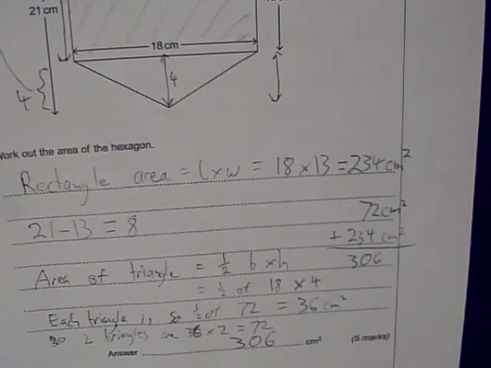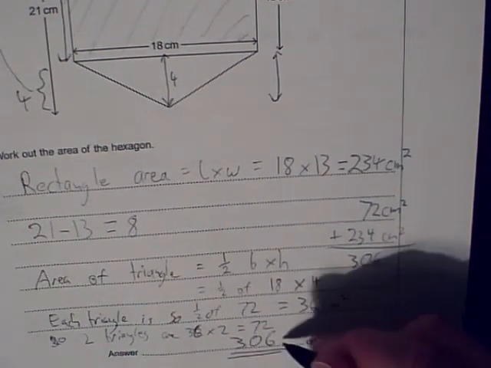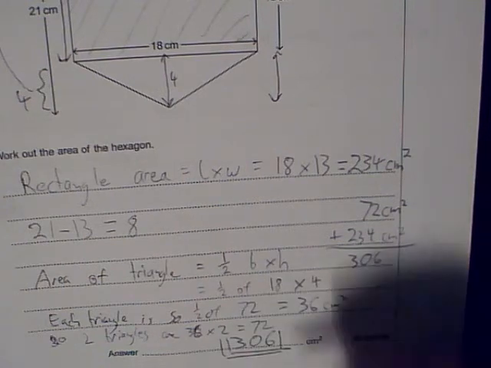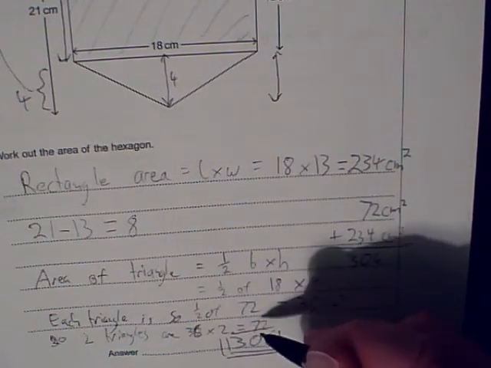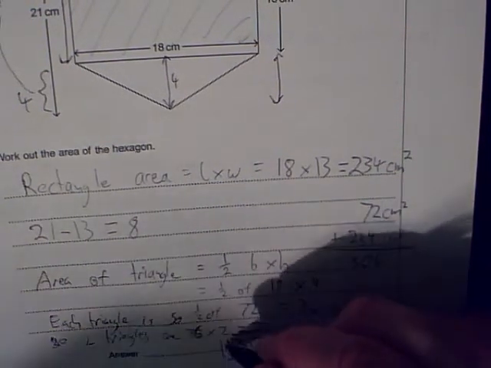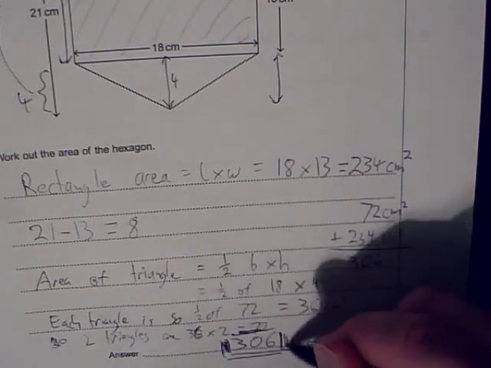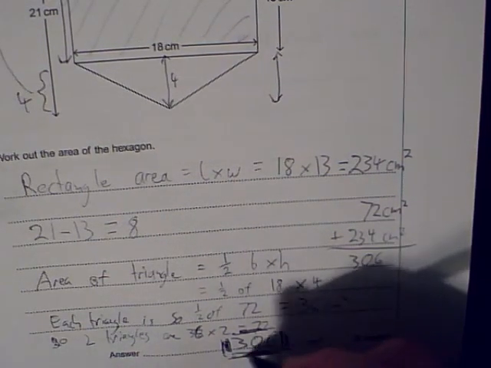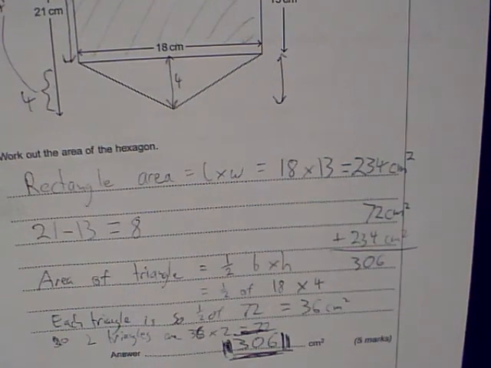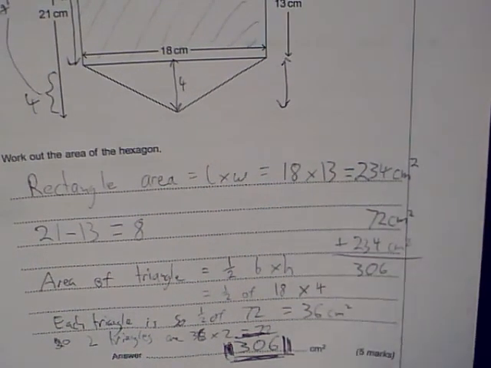I'm just going to underline that just to show the examiner. Oh, now I've just made it look a bit like 1306. So I'm just going to fix it: 306 centimeters squared. Hopefully they'll see that.